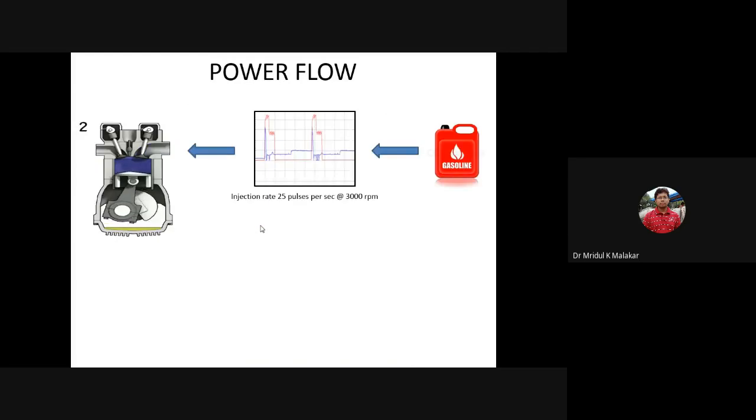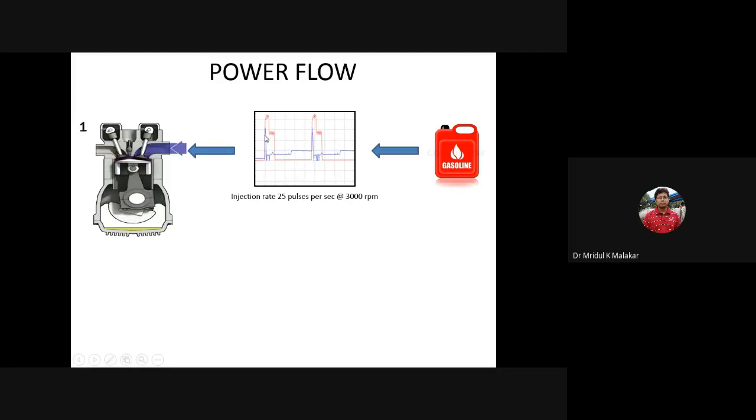So next, suppose it's the electric one, and this is the IC engine based one. If we observe, this is the stroke, the four-stroke engine. If we observe the pulse rate, how much pulse rate is coming, we can see that at 3000 rpm we will get 25 pulses per second.